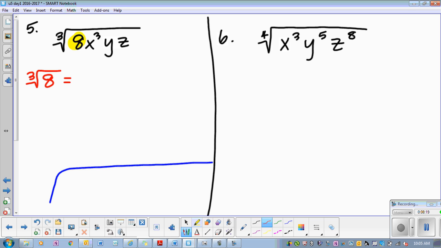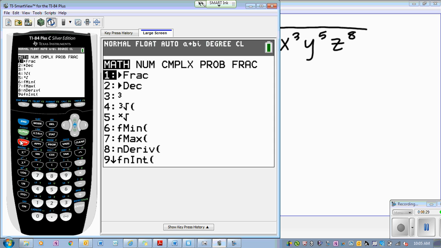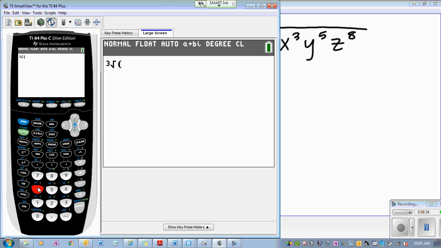Cube root of 8. Where do you go to get the cube root? You go to math. You see the cube root? What's the cube root of 8? 2. Good.